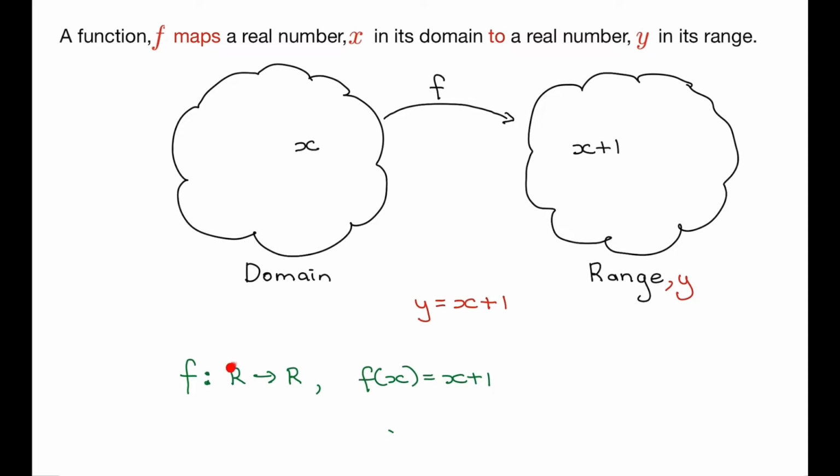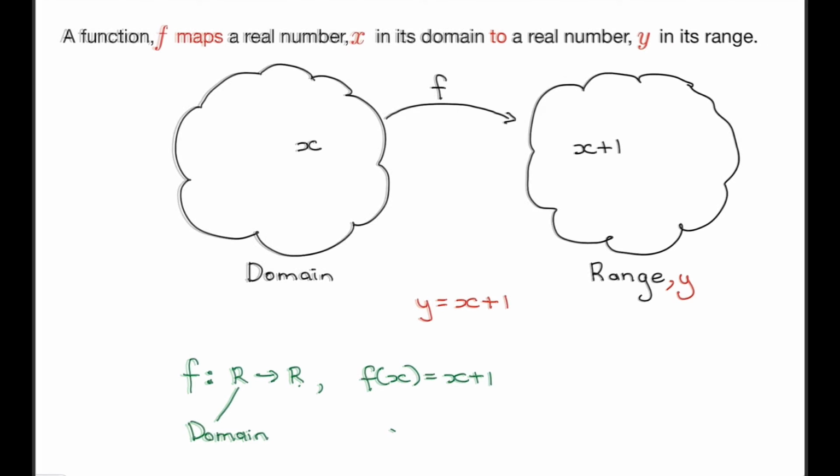The set we write in this position is the domain. That is, the collection of numbers from which we are allowed to select our x values. And the set that we write in this position is something called the codomain. The codomain is a set that has to incorporate the range.